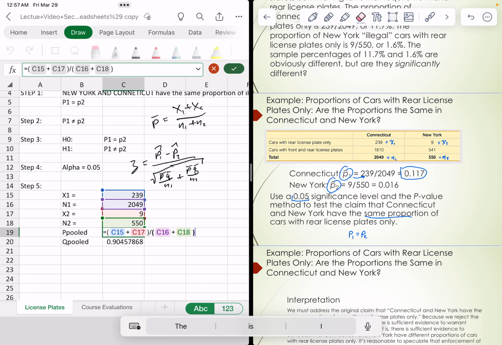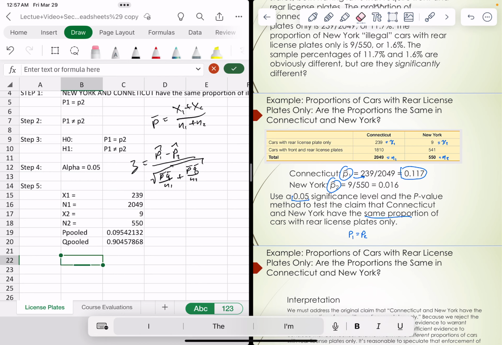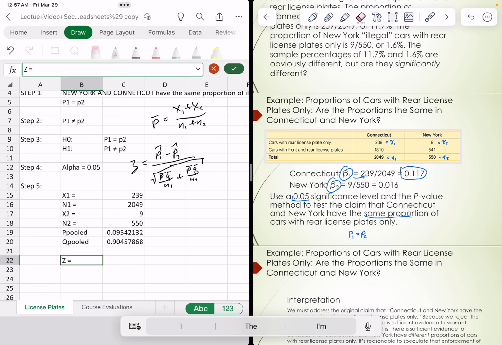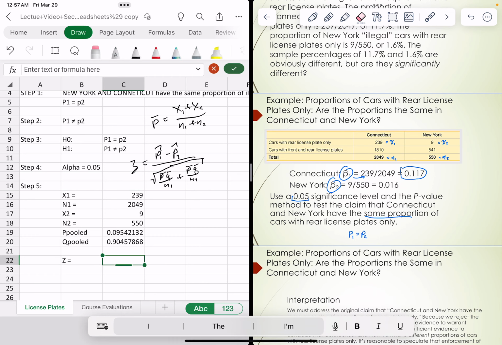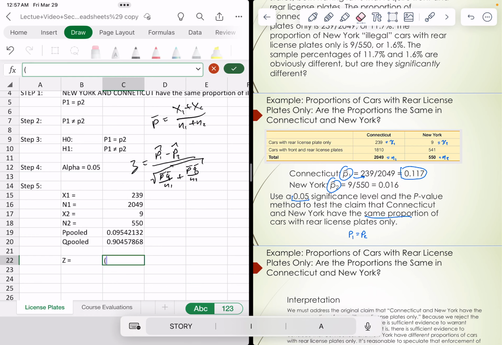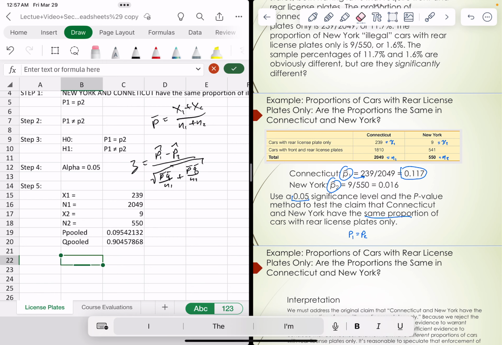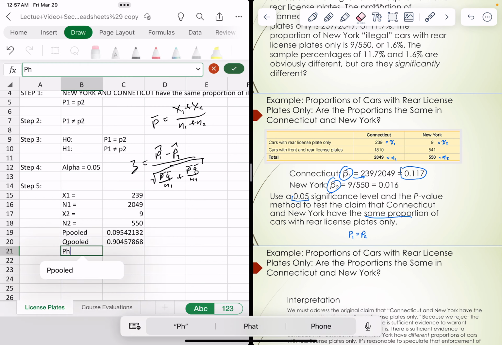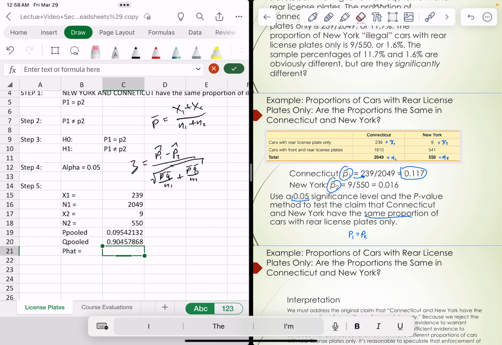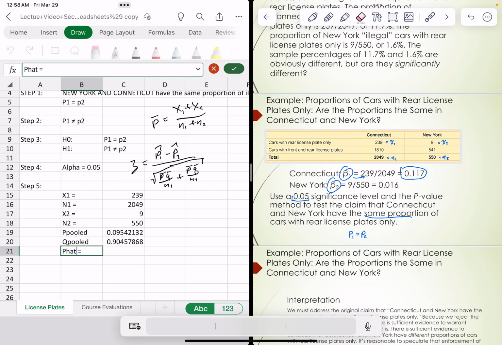All right, what else do I need? No, I think that's it. I put it all together and get Z. So Z, my test statistic, is going to equal, parentheses. Oh, I didn't get P hat. My mistake. P hat 1 is going to equal X1 divided by N1.